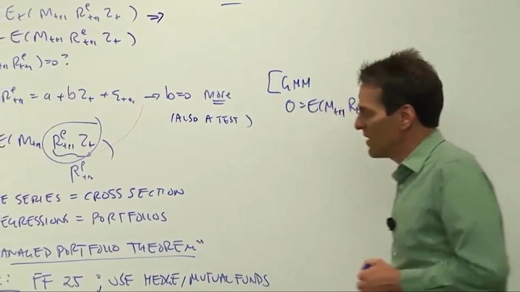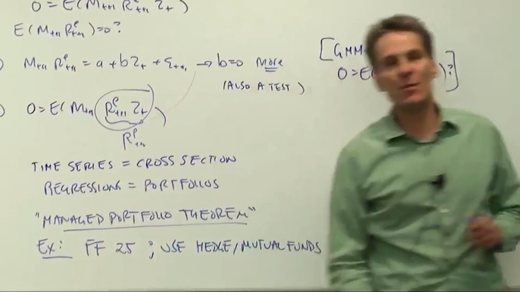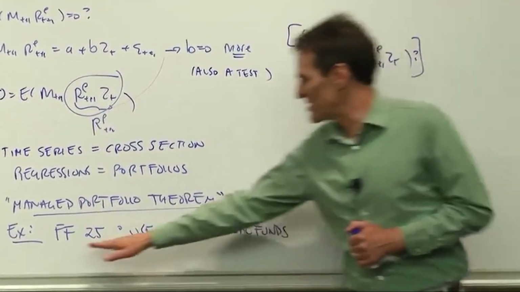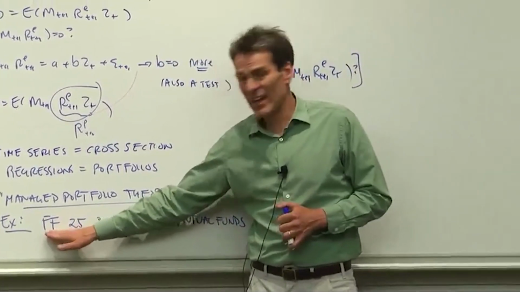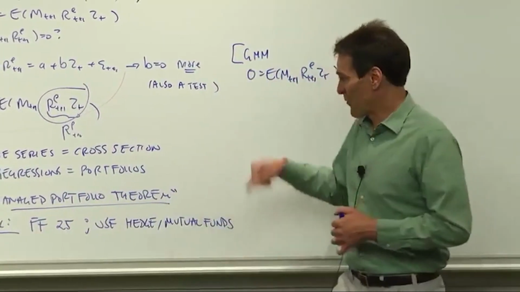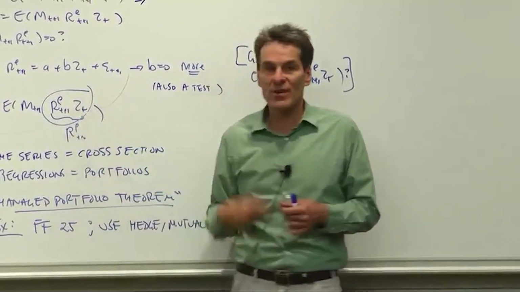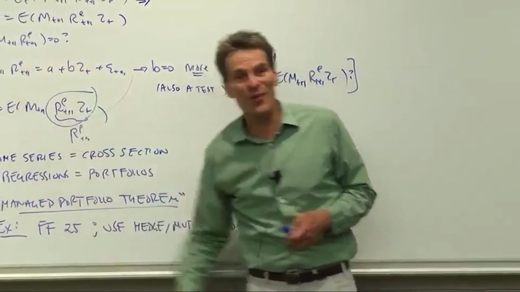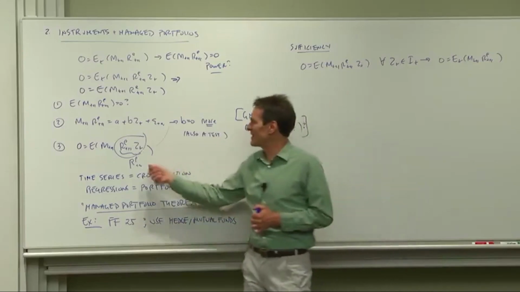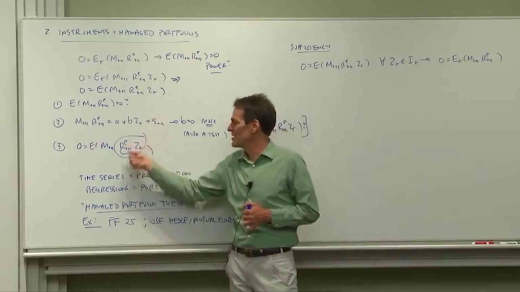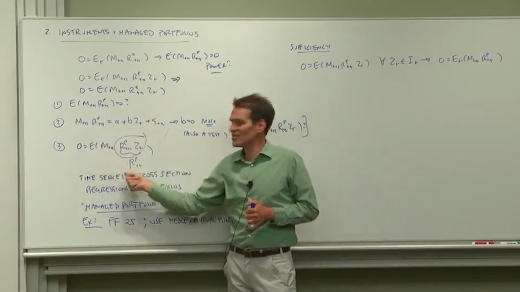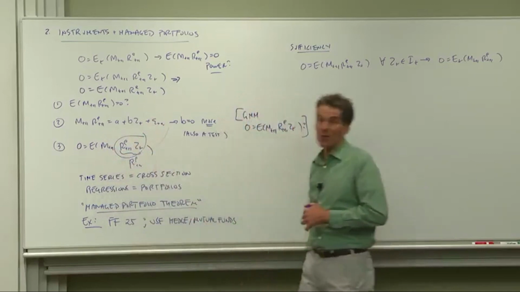An example you've already seen, Fama and French's 25 portfolios. Fama and French, in their table 1, didn't look at individual stock returns. Every year they reformed 25 portfolios using book-to-market ratios and size, which are variables known to forecast returns. So they were exactly incorporating time series information by doing an unconditional cross-sectional test using managed portfolios.